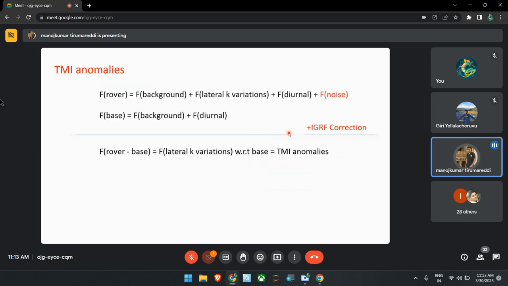Okay. Now, coming to what we measure in the field. If you go to the field and record the data using a magnetometer, you will get some value, some 45,000 nanotesla or something, which contains mainly two parameters. One is of geomagnetic, internal origin. Another one is of external origin.